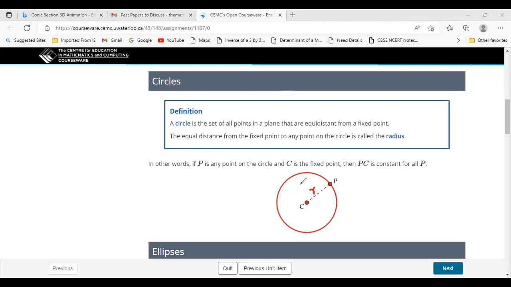In case the PC is 2 centimeter, if I draw any line from the center to the circle, I will have all of my answers as 2 centimeter, 2 centimeter, 2 centimeter, because of this equidistance. And over here, the point C is called the center.